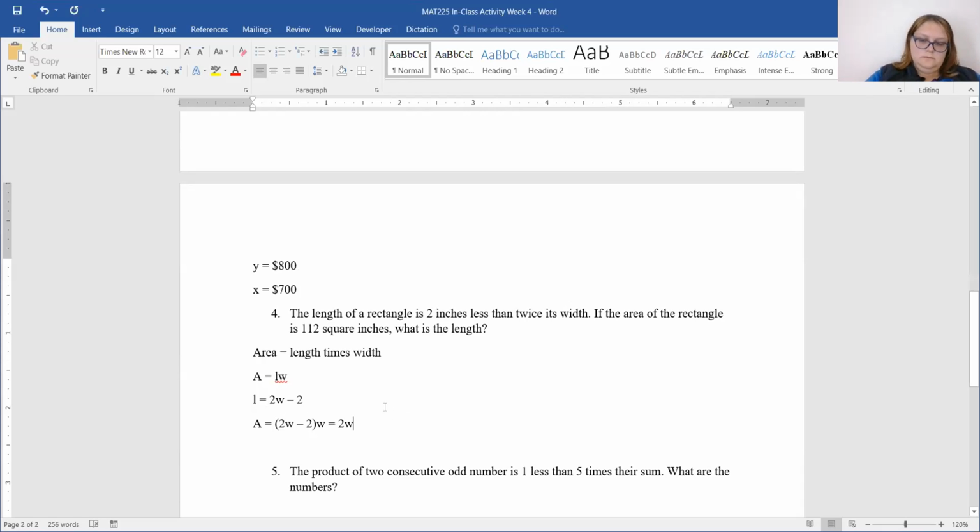So we get 2W squared minus 2W. I'm going to encourage you to stop here at 112 equals this formula.